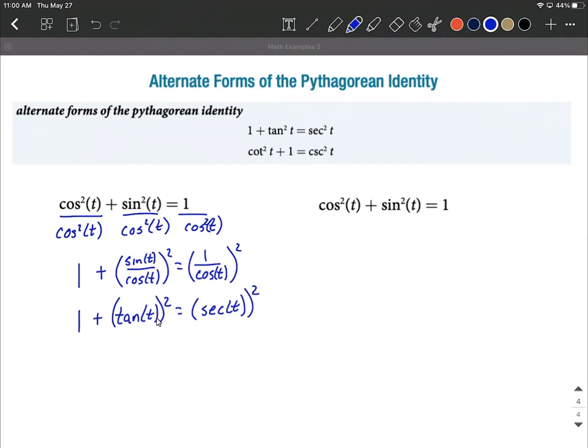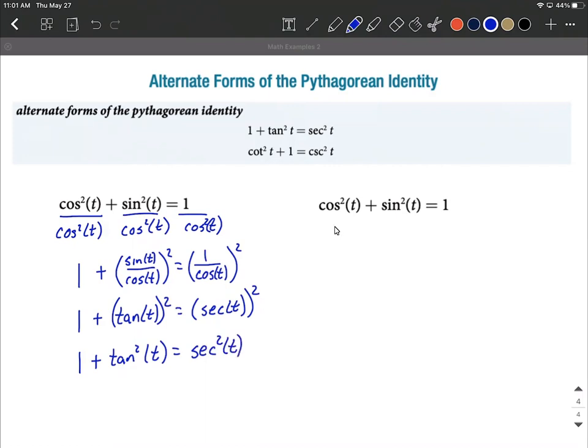But when you have tangent of t all raised to the second power, we are allowed to rewrite this and just move that square to the inside. So visualize this as tangent squared of t. That's going to be equivalent. And then on the right-hand side, we can think of this as secant squared of t, which is equivalent to secant of t squared.